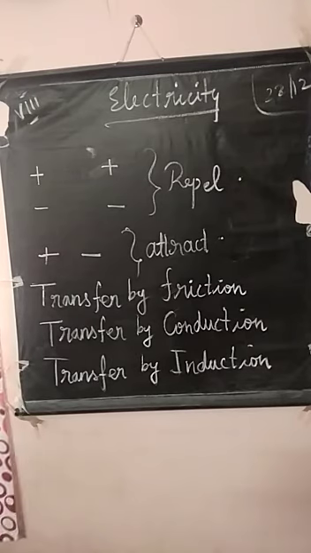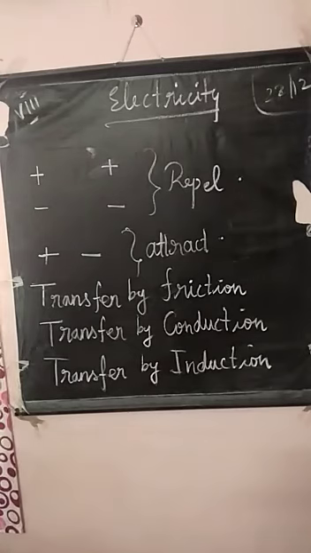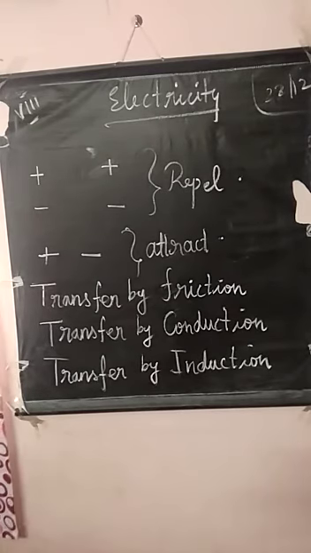Due to these charges only, objects can attract or repel each other, that is positive charges and negative charges. Okay, so it is carried by the subatomic particles like protons and electrons.